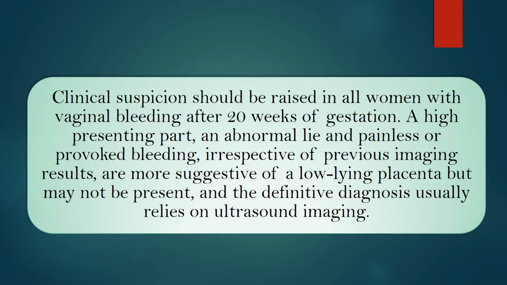A high presenting part, an abnormal lie, and painless or provoked bleeding, irrespective of previous imaging results, are more suggestive of a low-lying placenta but may not be present, and the definitive diagnosis usually relies on ultrasound imaging.